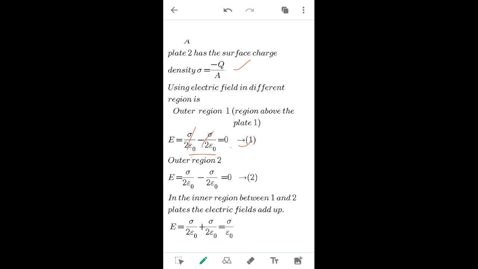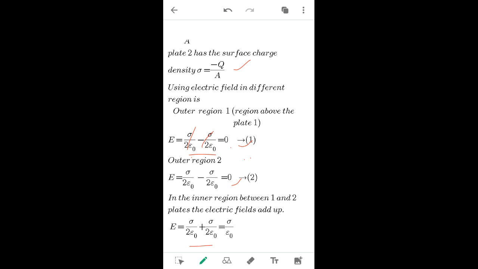In the outer region 2, that is the second plate, here also you get 0. Therefore we concentrate only on the inner region, where the electric fields add up. So E equals sigma by 2 epsilon naught plus sigma by 2 epsilon naught.